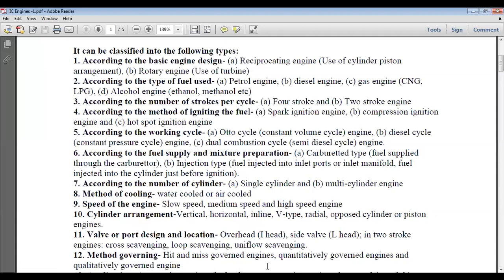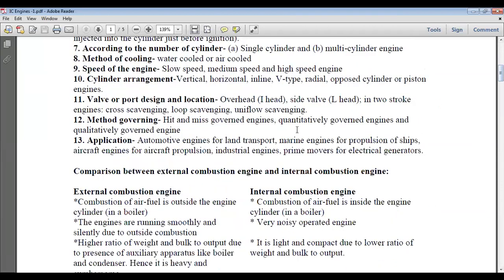The method of governing: hit and miss governed engines or quantitatively governed engines. Then applications: automotive engines for land transport, marine engines for propulsion of ships, aircraft engines for aircraft propulsion, and industrial engines as prime movers for electric generators.